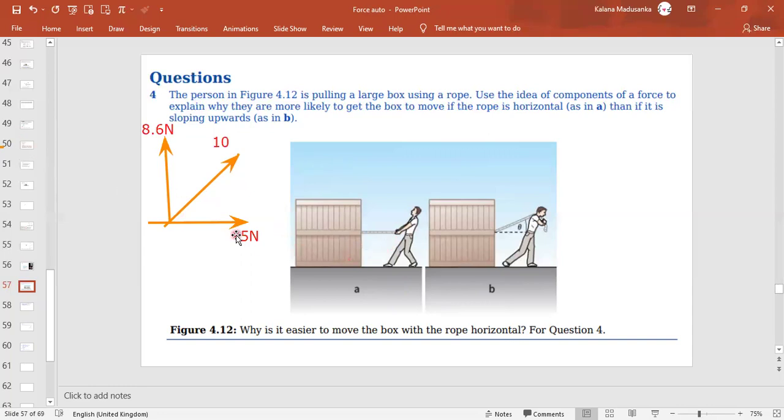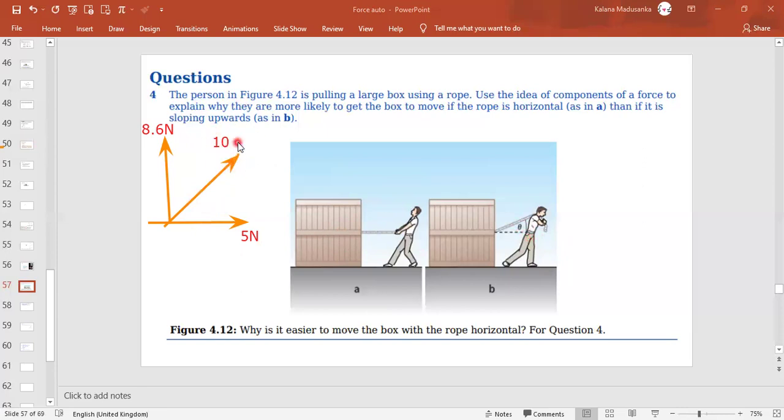Now you can see if you are applying a horizontal force, you need only 5 newtons to move this box actually. But since you are sloping, I mean, you are applying the force with an angle, what happened to the value of the force?